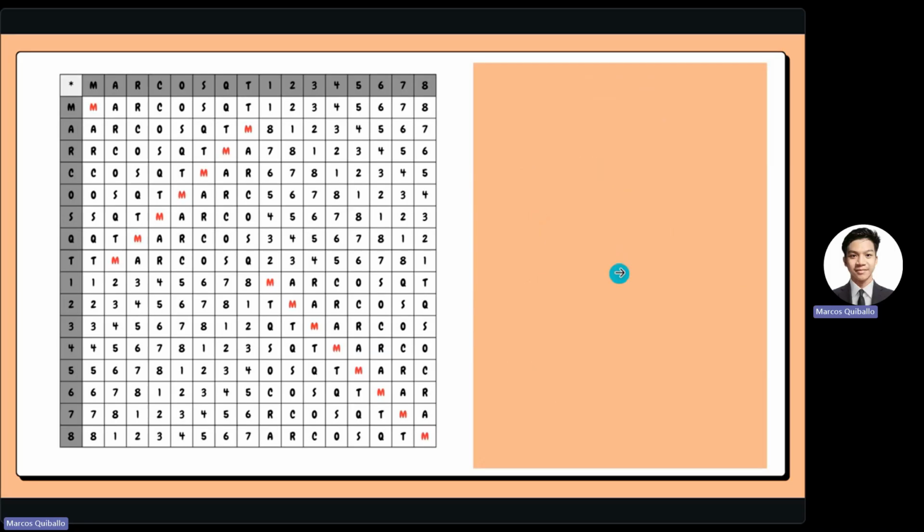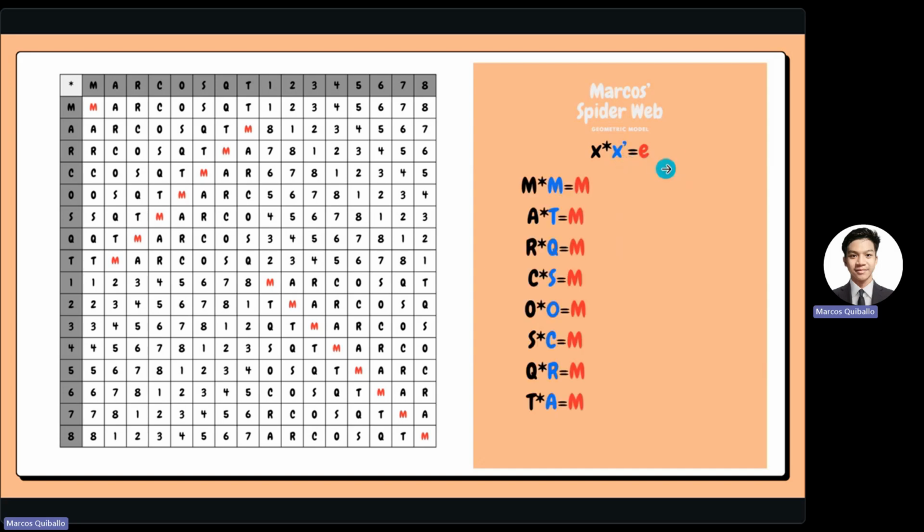The next one is to determine if this table has an inverse element for each element. We use this general formula: x star x prime, or x inverse, is equal to e. To verify or find inverses, we use this general formula.